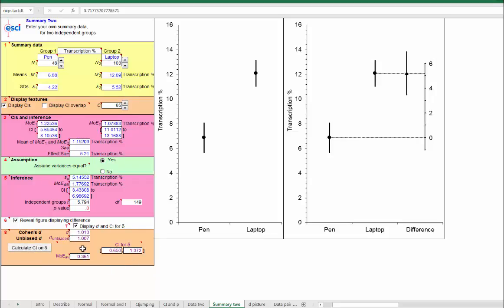And in this second Pen Laptop study, clearly there's a very big effect, Cohen's d round about 1, and we've got a difference of about 5 percentage points, roughly similar to the first, and sample sizes are larger, so we've got a somewhat shorter confidence interval on our difference there.